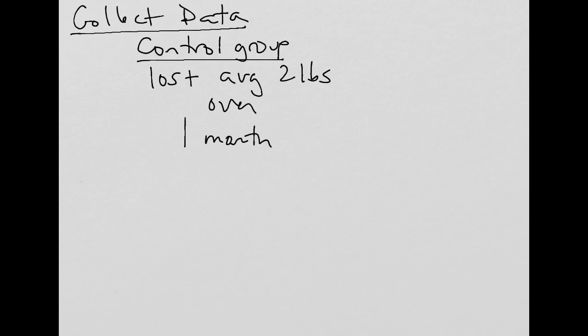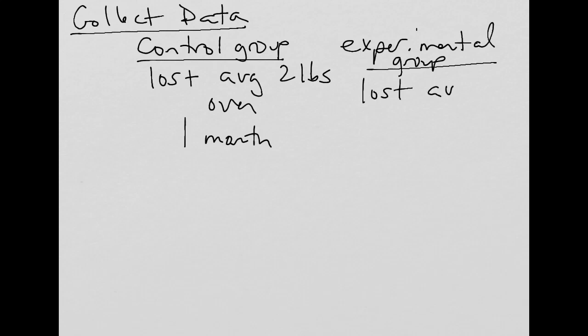Okay, the experimental group, the variable group, they lost an average of 10 pounds over 1 month. All right. So, you see some significant differences here.